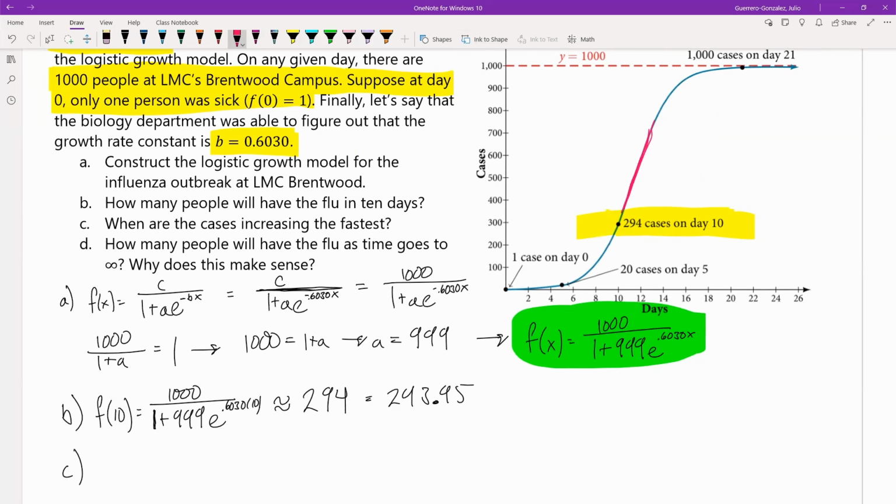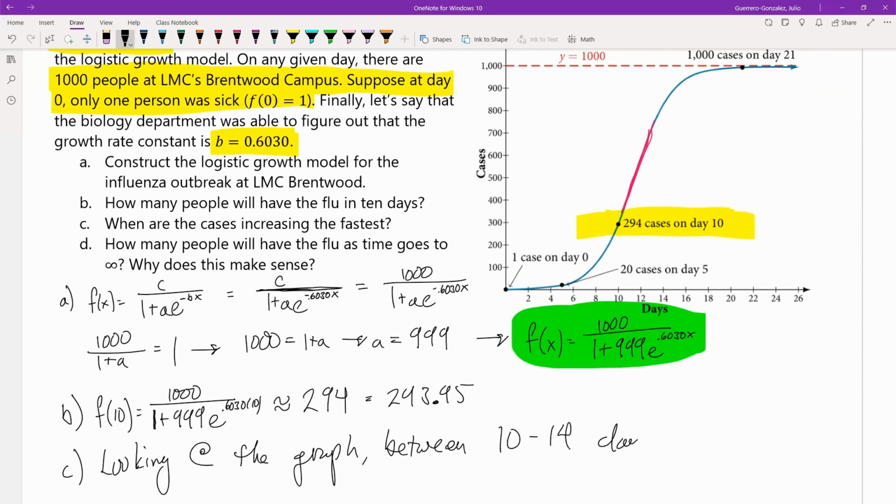So I can go ahead and say that's going to be about between 10 and 14 days. Okay?